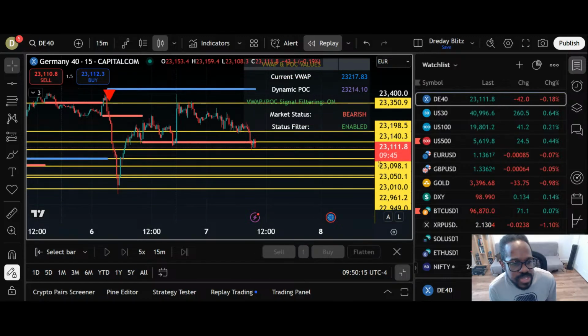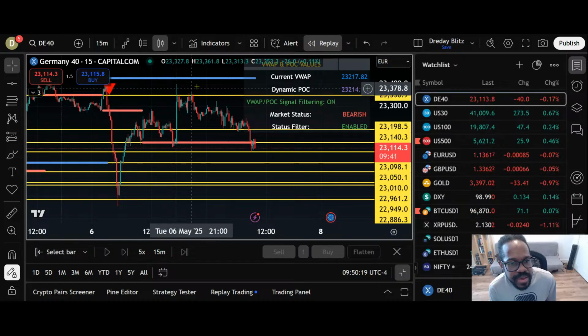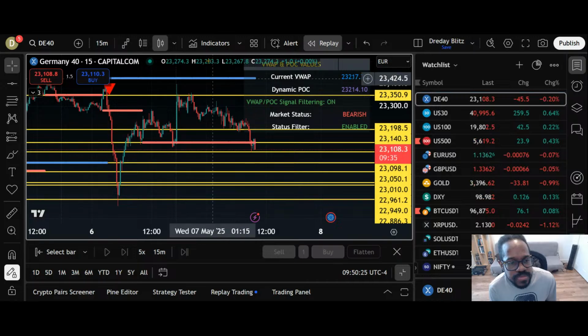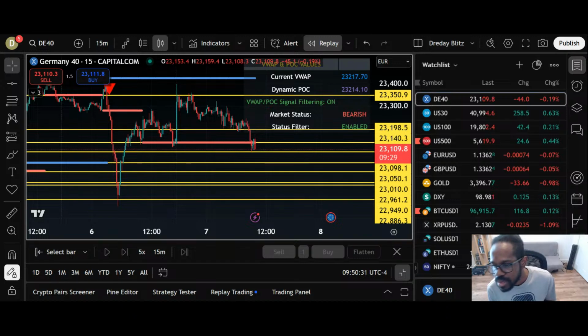But make sure that you put your fib from that low to that high to see exactly if we're near a reversal point. And if so, just trade accordingly and see if we have a zone.